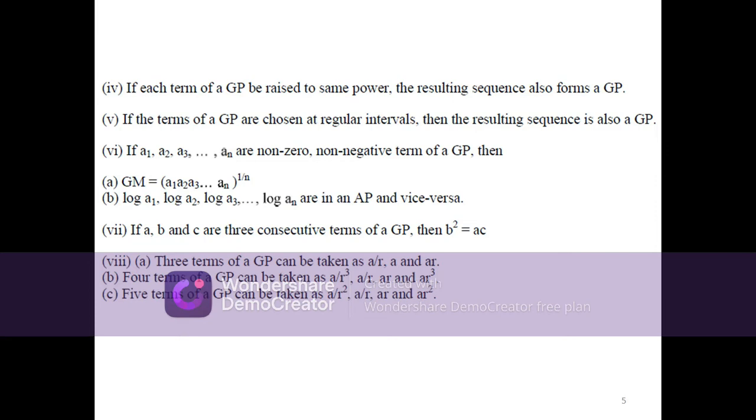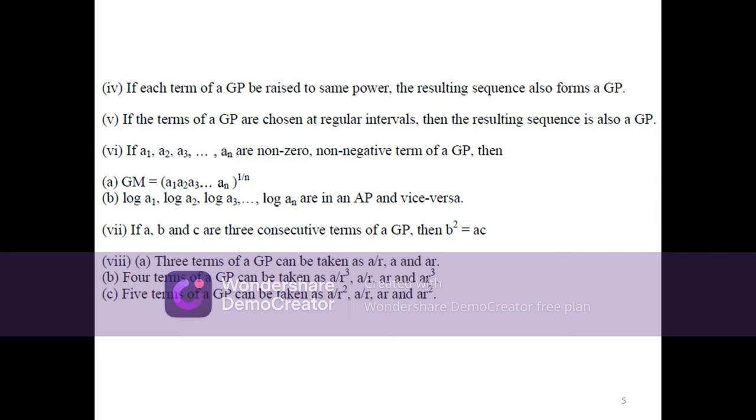Which implies that log a1, log a2, log a3, ..., log an are in arithmetic progression, and vice versa. If a, b and c are three consecutive terms of a geometric progression, then b square is equal to a into c. The three terms of a geometric progression can be taken as a by r, a and ar.